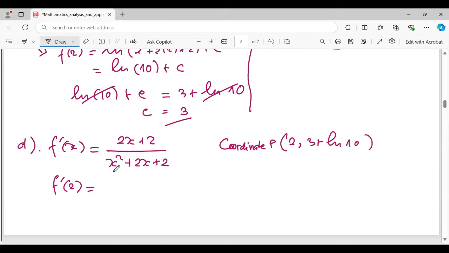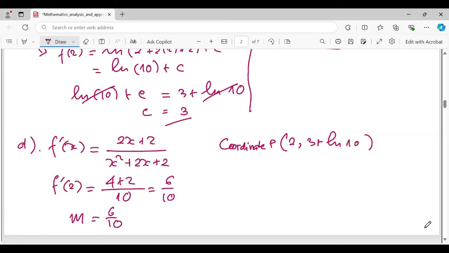So it's going to be 4, because 2 times 2 becomes 4, plus 2 is 6. And if x is 2, the denominator is 10. So 6 over 10. So the gradient equals 6 over 10.